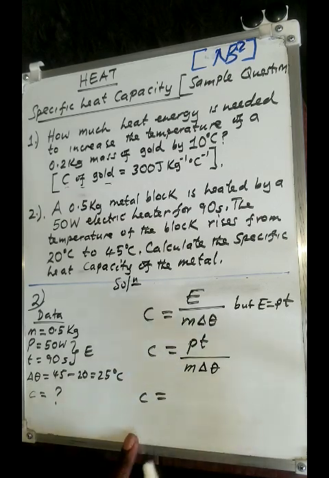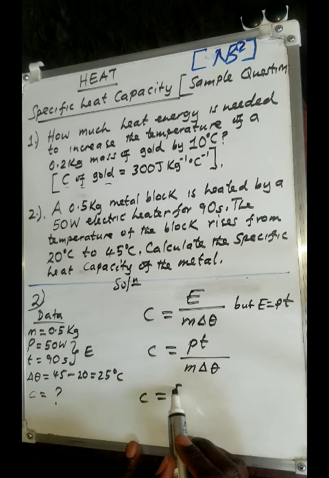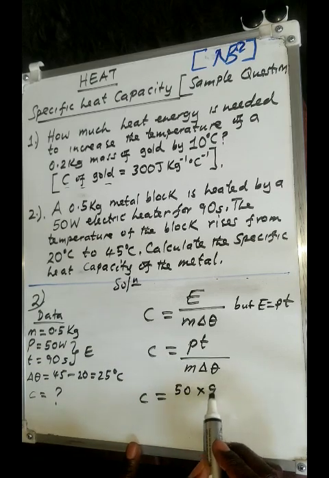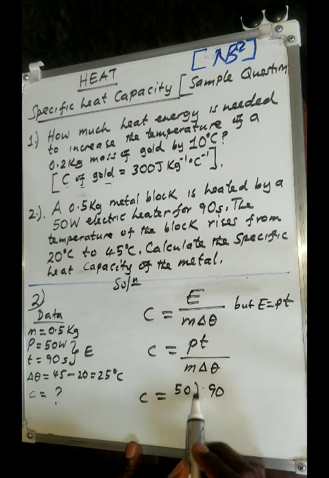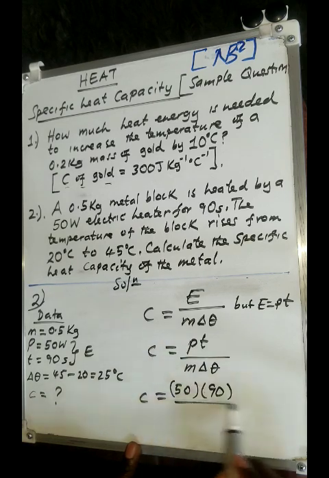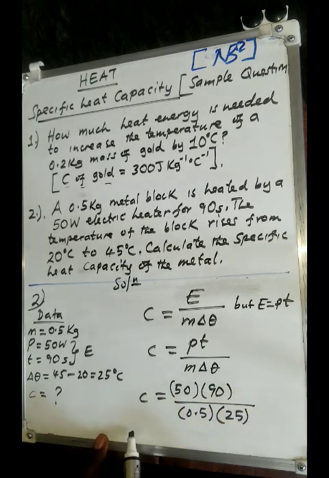So for the specific heat capacity of this metal, the power is simply 50, for how long? 90 seconds. Remember, that is the SI unit in this case, which is very much okay, divided by the mass, which is 0.5 kg, the correct unit, and the change in temperature, which is simply 25.